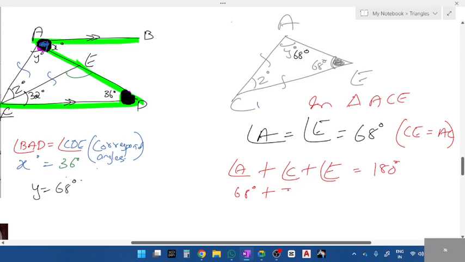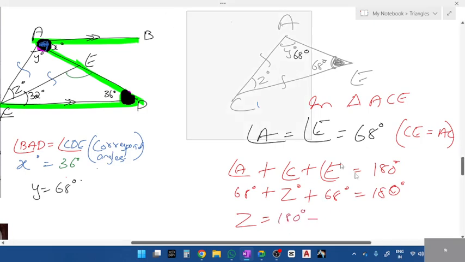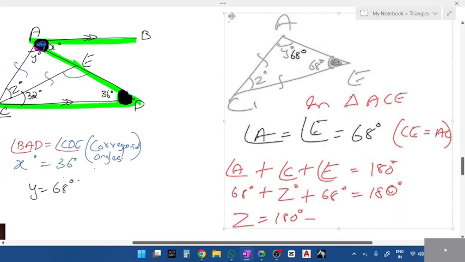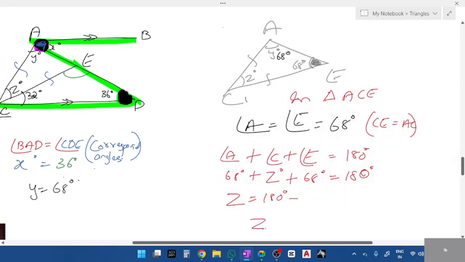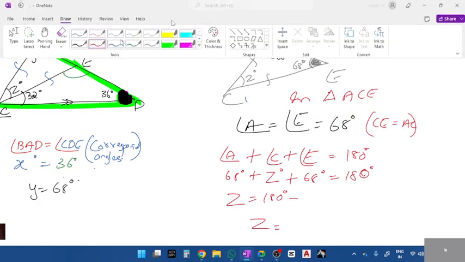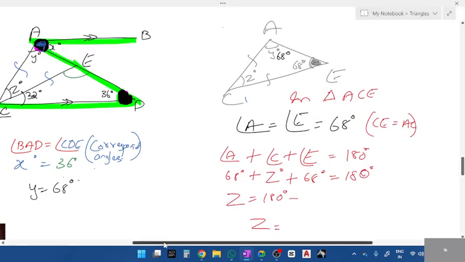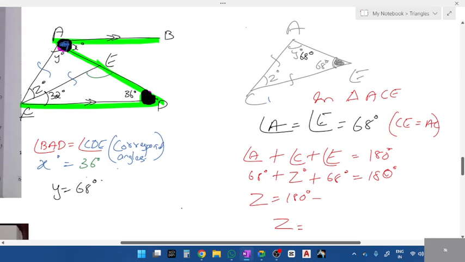In place of angle C, Z is given. Write it: Z plus 68. 44.